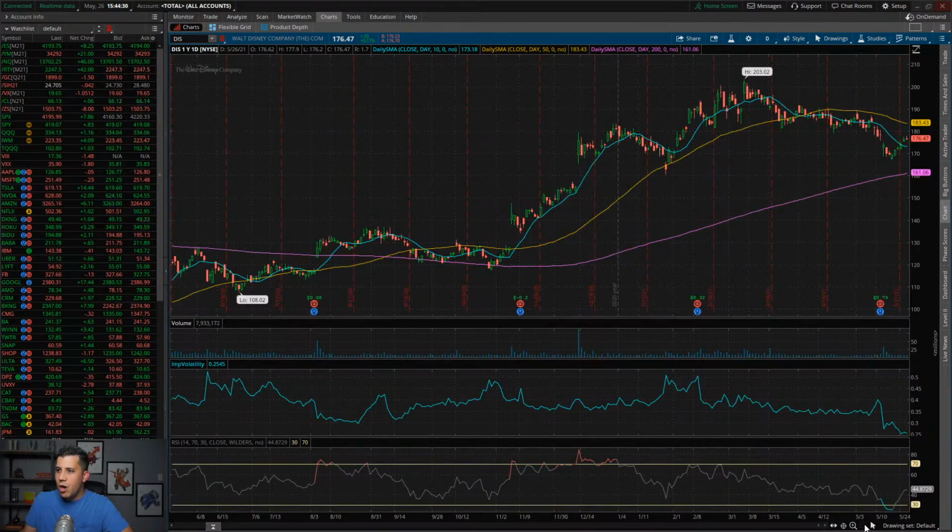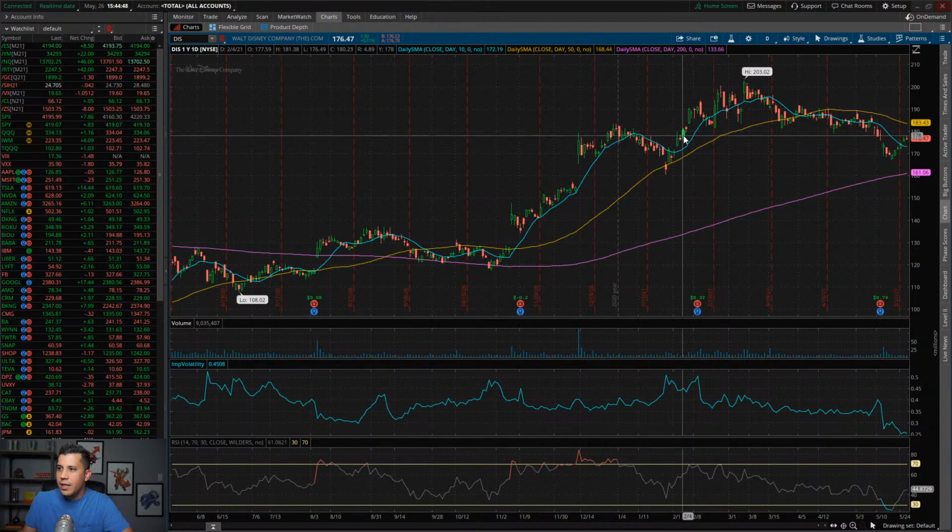You don't actually know when that reversal is going to happen, and it just so happened to coincide. That's why you want to wait for confirmation.